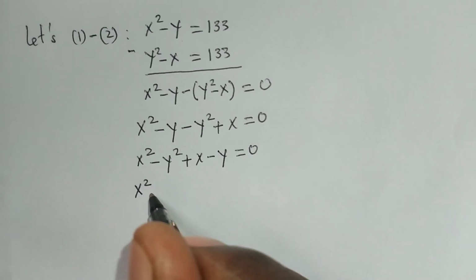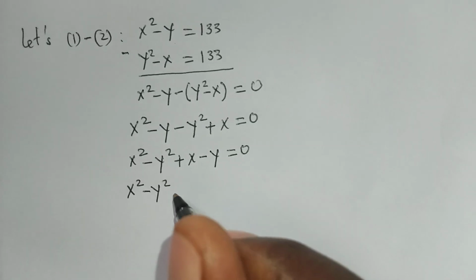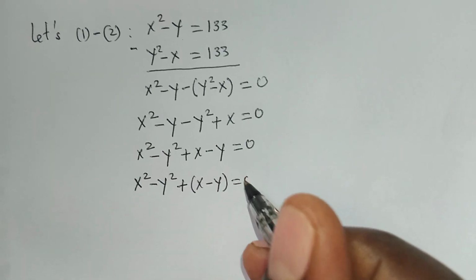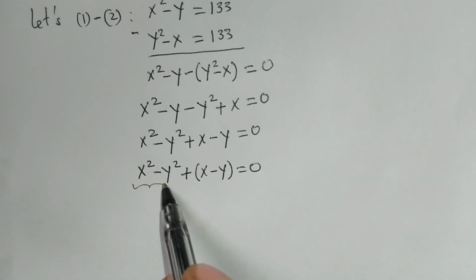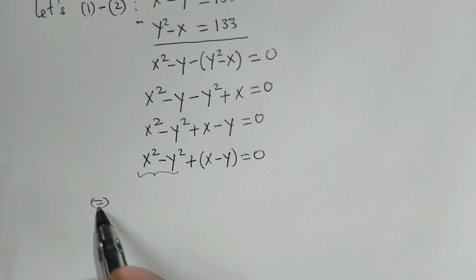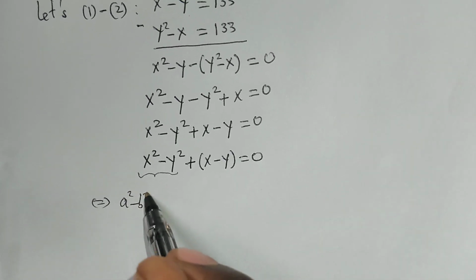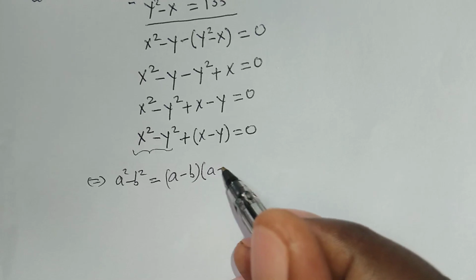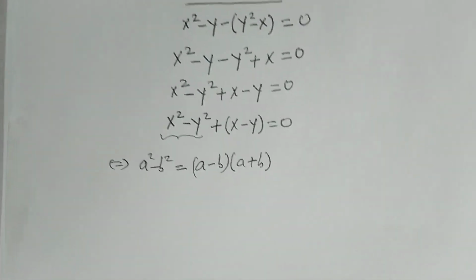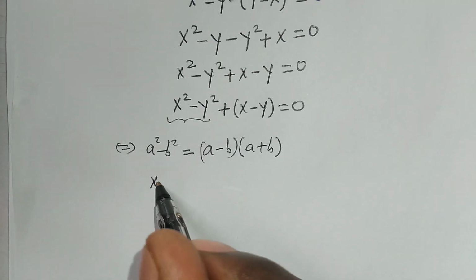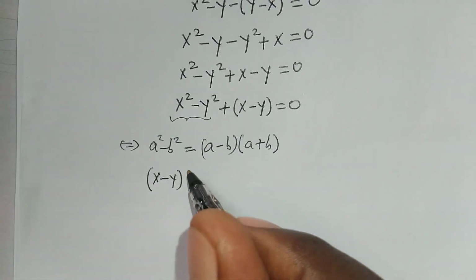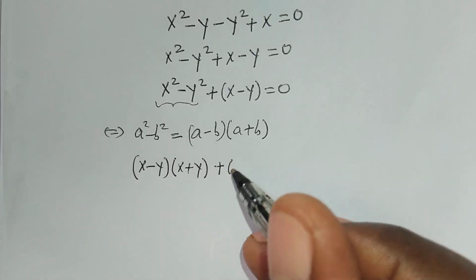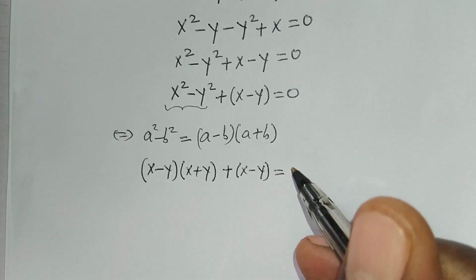From this form, it is like a square minus b square, which is equal to a minus b times a plus b. So this is x minus y times x plus y, then plus x minus y is equal to 0.